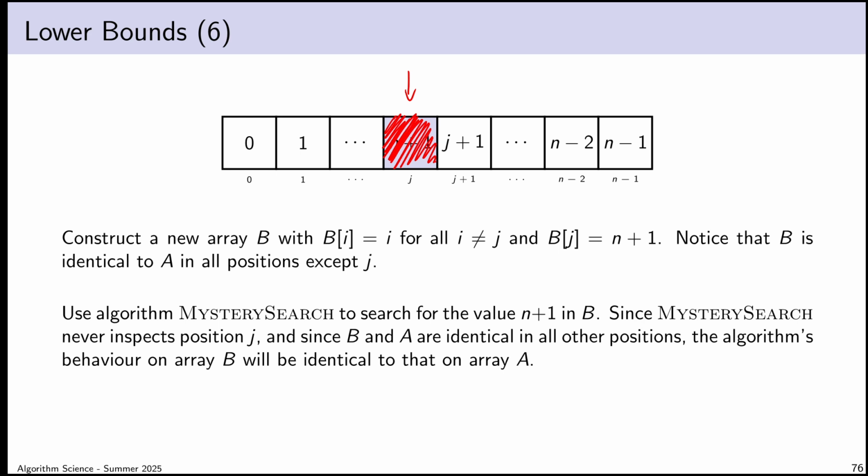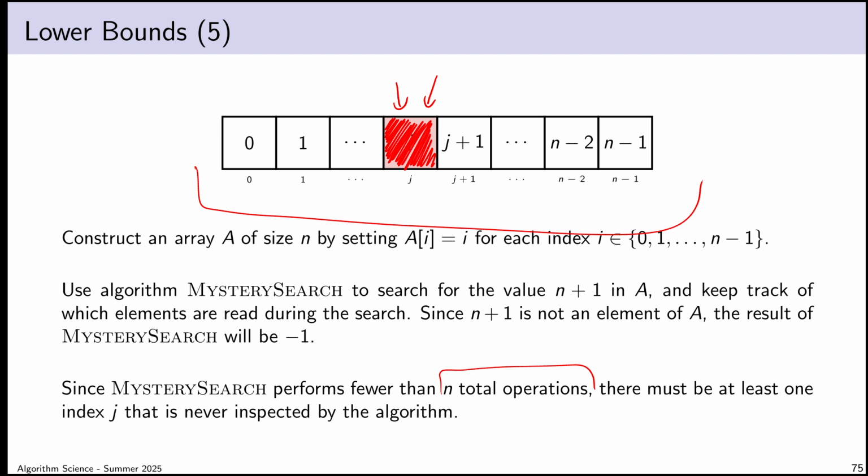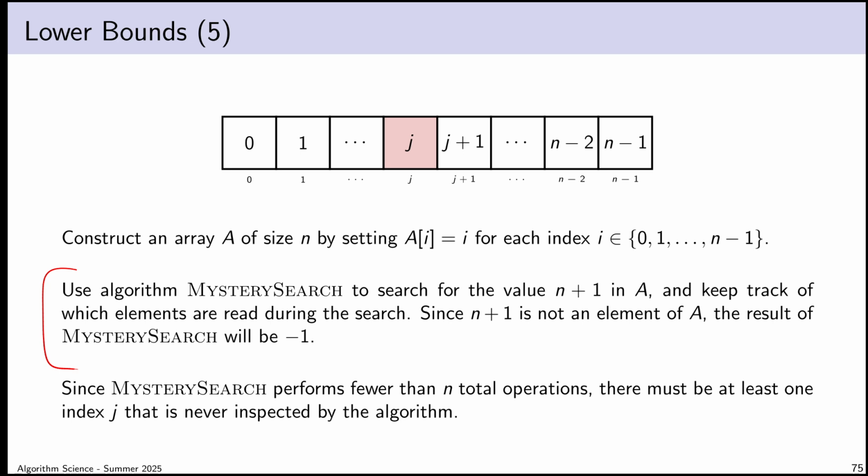So I'm going to go back to the case with A, and talk a bit about what the algorithm did with A. I run the algorithm on the array A, and I search for the value n plus 1. It should be really obvious that the value n plus 1 is not in there. And because the algorithm solves the array search problem, we would expect its return value to be -1. So keep that in mind: on the array A, the return value was -1.